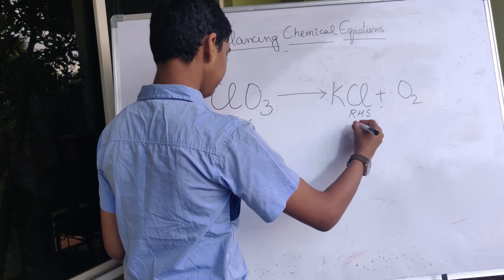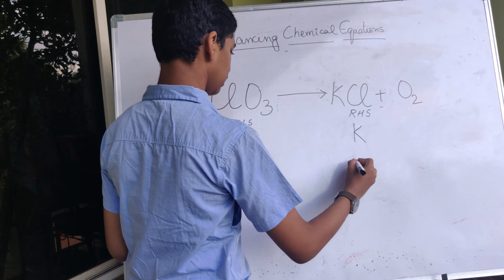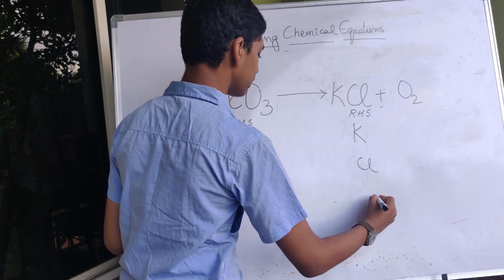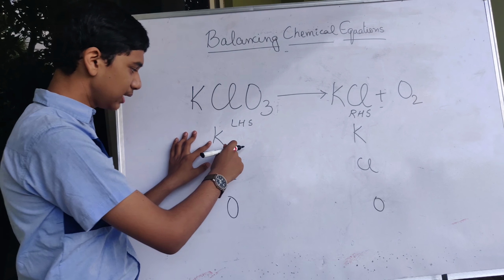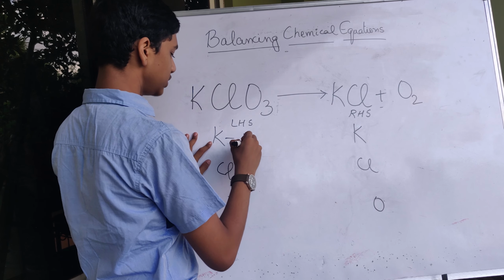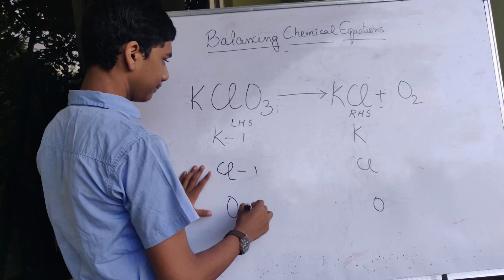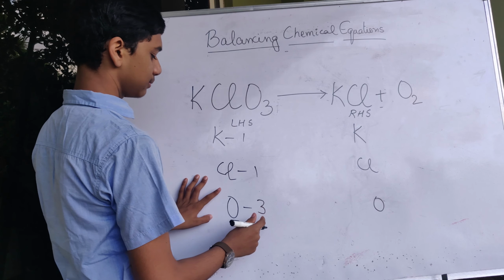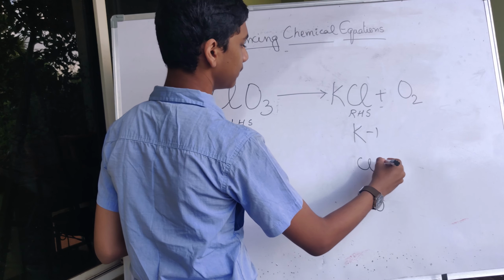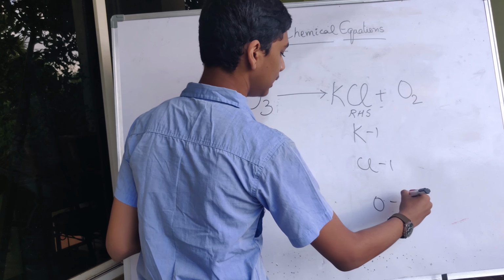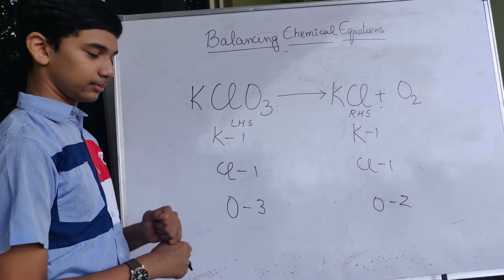On the right hand side, we have potassium, chlorine and oxygen. Now let us write the number of atoms for each element. We have one potassium atom, one chlorine atom and three oxygen atoms. Similarly, we have one potassium atom, one chlorine atom and two oxygen atoms.